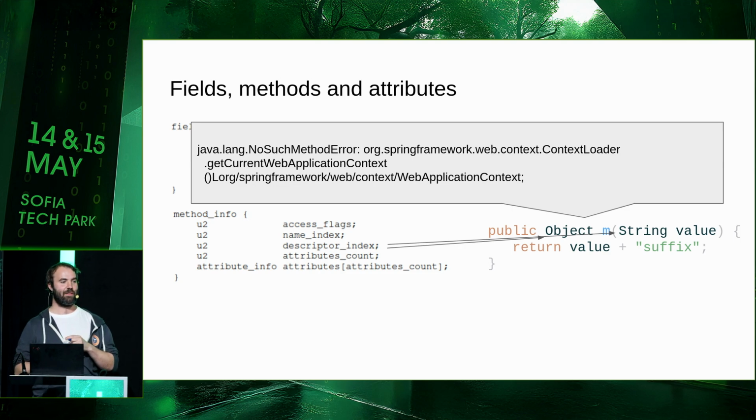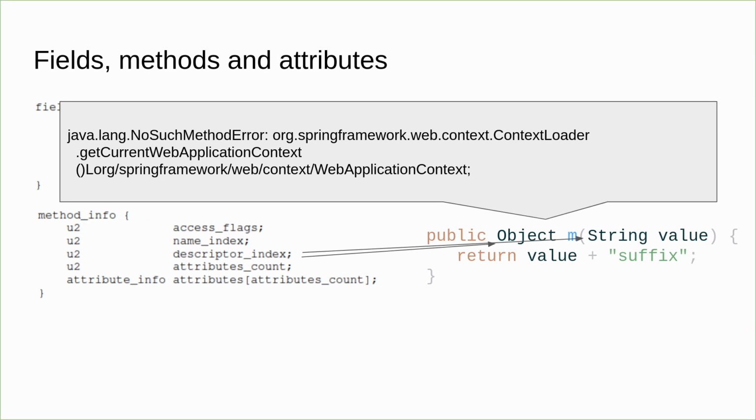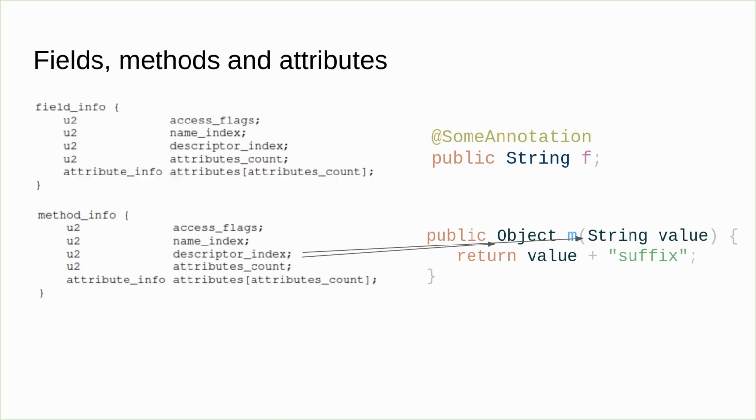As you see here, this is a so-called descriptor: the Spring WebApplicationContext with the parentheses in front, which means no arguments, and the L in front of the type, meaning this is a class type, an object type, and not a primitive type, where, for example, integer would be I, and not int. So this is also interesting to know, because you might have to debug these things at some point, and then you know how to read this and why it looks like that, right?